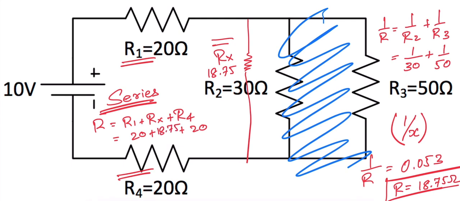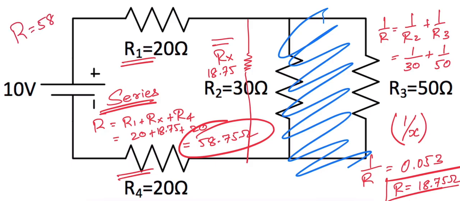If you do that, the final answer will become 58.75 ohms, right? So in this case, your final answer is nothing but 58.75. That's the total resistance value for this entire circuit, right? So this is how you solve a combination circuit.